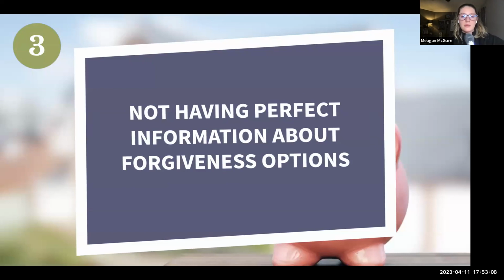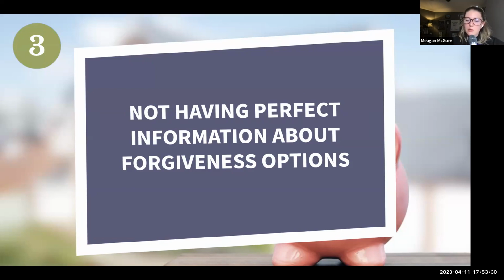Now, the third mistake I see is not having perfect information about the forgiveness options. We talked quite a bit about the technicalities of PSLF. I hope you feel more confident about it, but make sure you're checking those boxes. Make sure you feel confident that you're on track for PSLF, so there are no surprises later on.